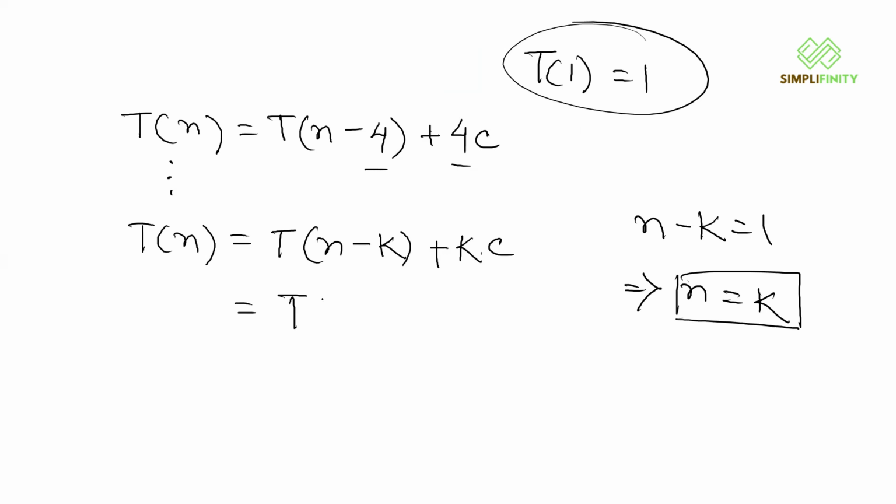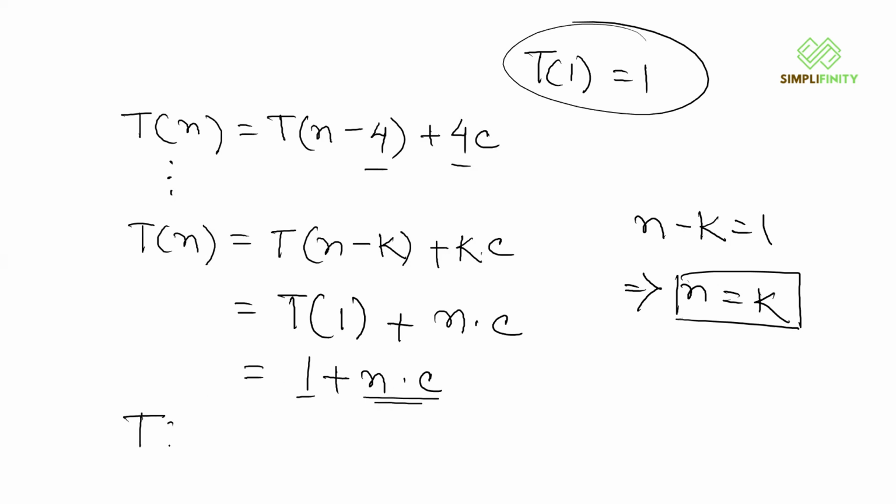So we are substituting. 1 plus, now what is the value of k? It's n. So let us write n into C. So what is T of n? It is 1 plus n into C. Now 1 is a constant term that doesn't affect the growth pattern. The growth is affected by n because it dominates the whole equation.